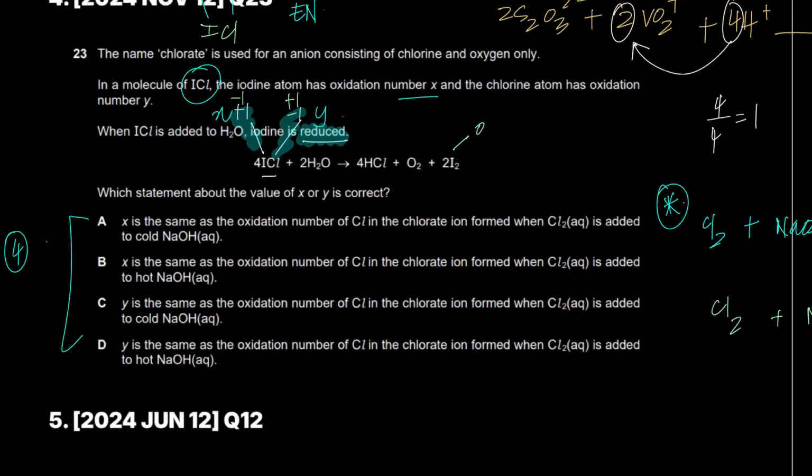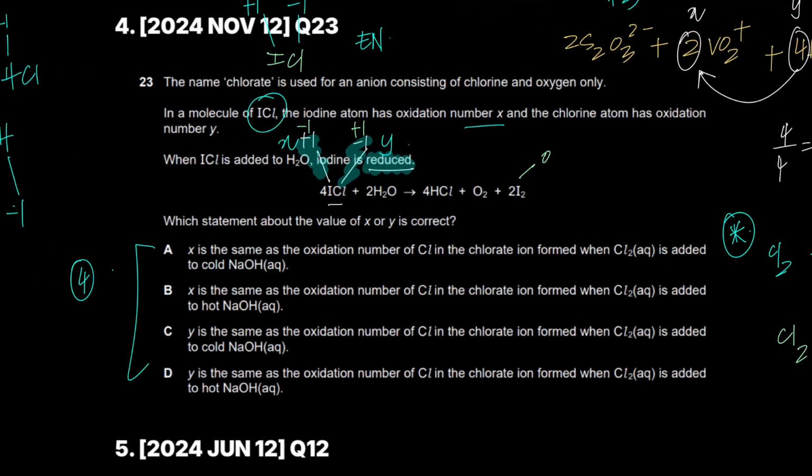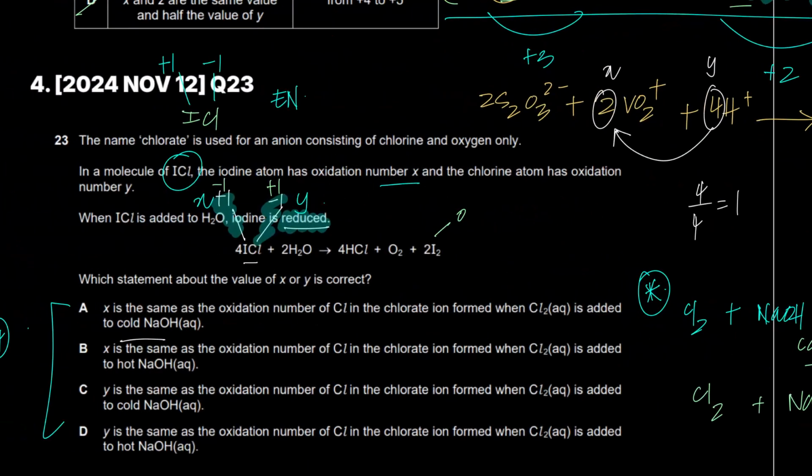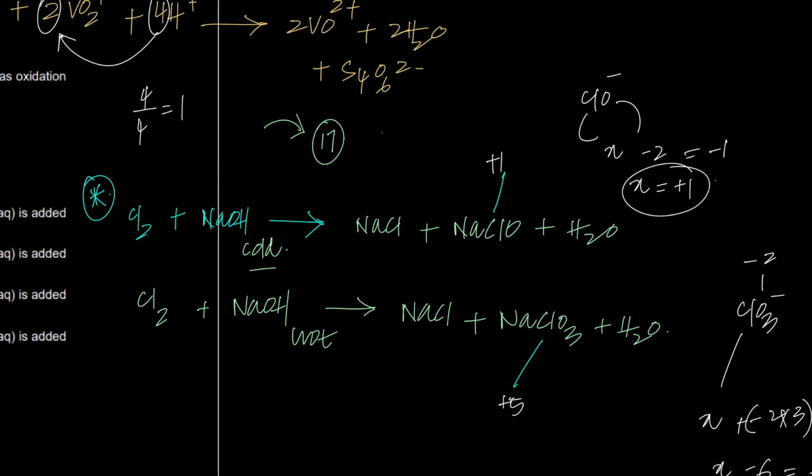So he's saying that x has the same oxidation number as Cl in the chlorate ion when it's added to cold. Is that true? X is definitely +1 right here. And in chlorate, in cold, is it also +1? Absolutely it is. When you added chlorine to cold NaOH, it ended up with +1. So that's true. With hot, it's +5.